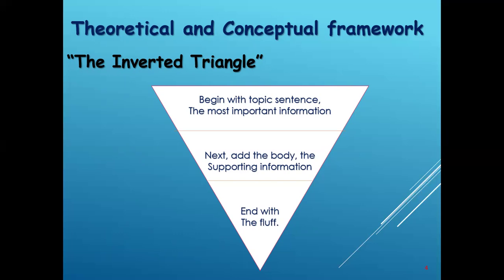Next, the body, the supporting information. Supporting information may include the introductory part and literature review. End with the flip. So these are the three areas that you have to focus on as a part of your research.